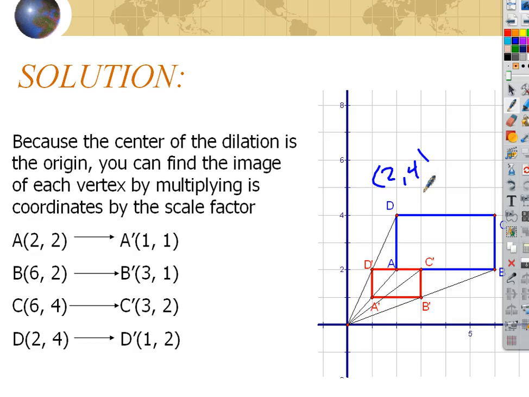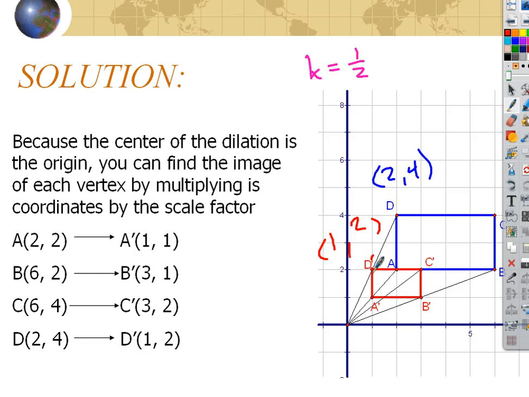So if we know that K equals 1/2, then when we multiply those coordinates by 1/2 to push them halfway in towards the origin, what am I going to get for my results for D prime? 1/2 times 2 is 1, and 1/2 times 4 is 2, and we can see that. Look, we go over 1 and up 2 to get to D prime.